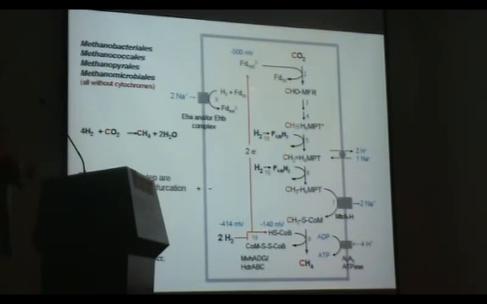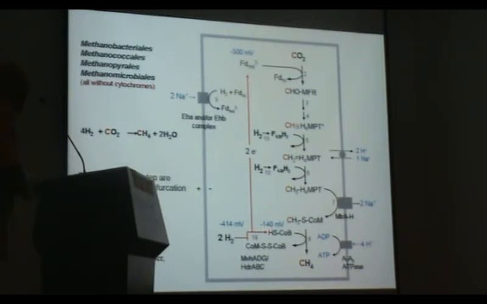And it was always a problem how the reduction of CO2 is performed, because the ferredoxin needed to reduce CO2 cannot be produced from hydrogen, because usually the hydrogen pressure is too low, and ferredoxin has to have a very negative redox potential.